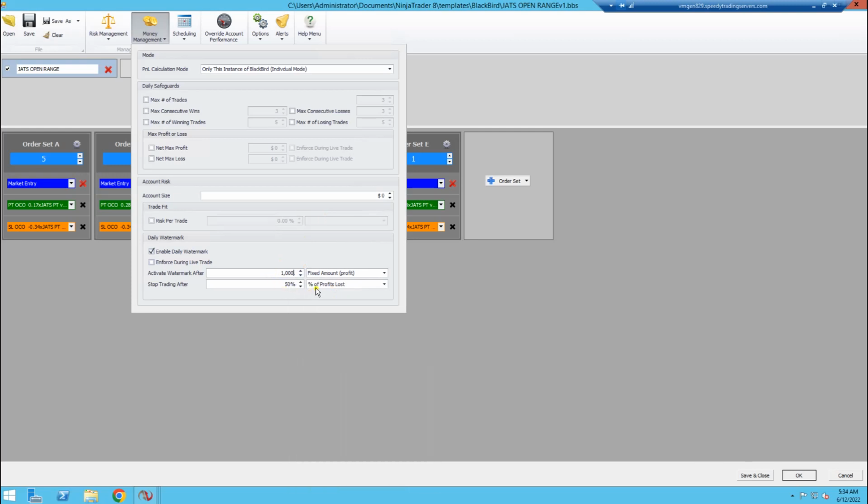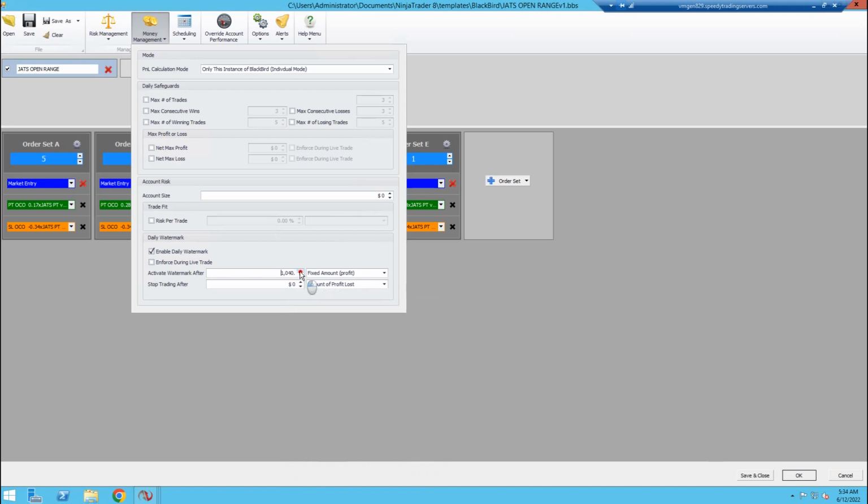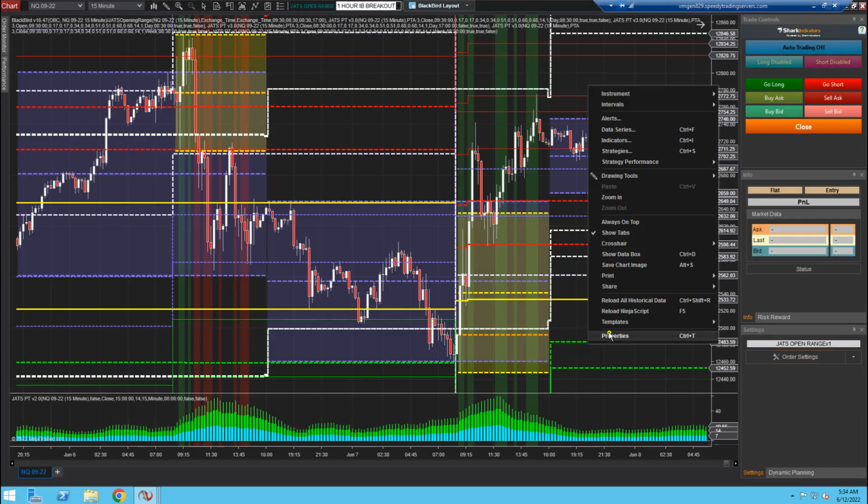Stop trading after, well, let's make this 1,100. There we go. And now we can say 100. So maximum amount of loss 100. So stop trading and enable during live trade. And so then you could recheck your results and see if that improved it any.